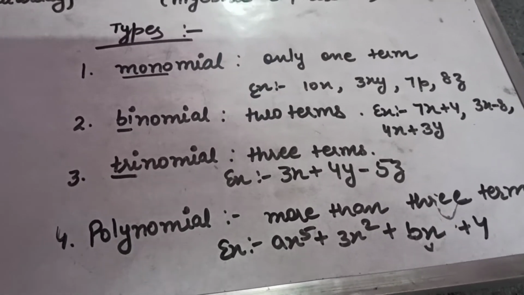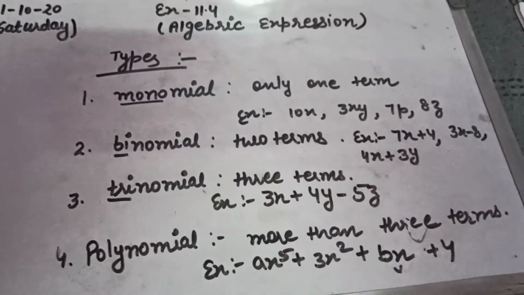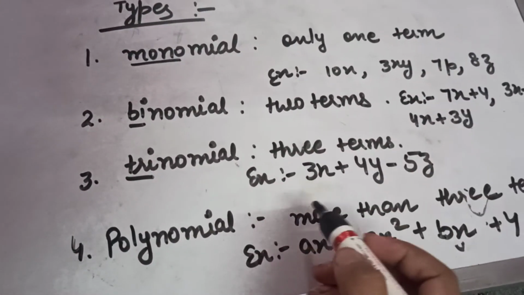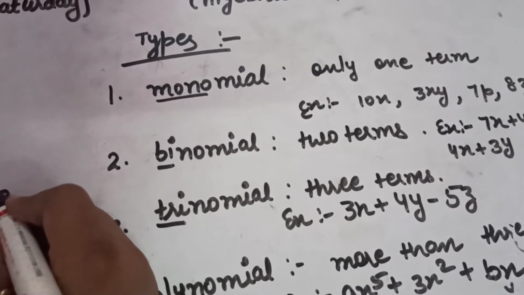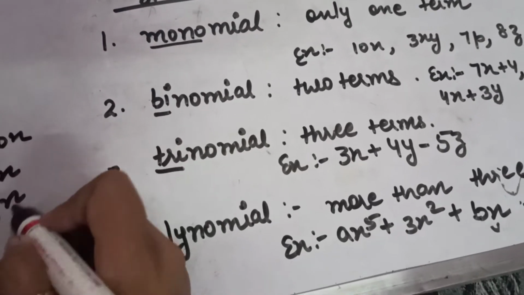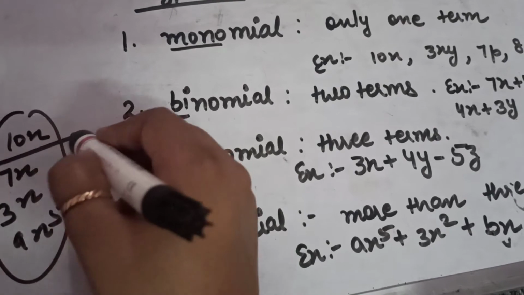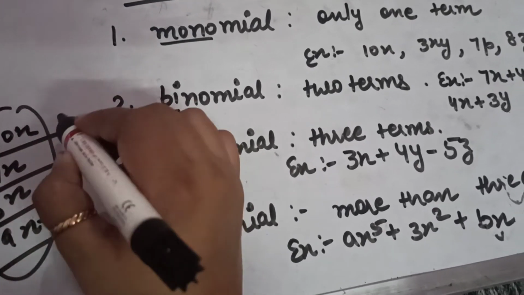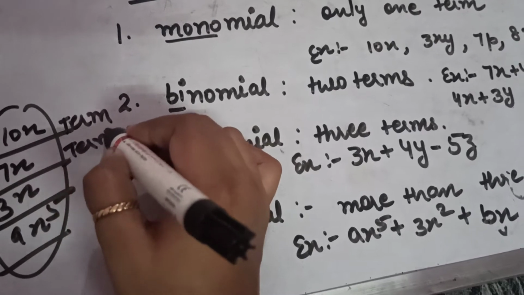Now, after the types of polynomial, one more word. Look beta, this single one, anyone you can take: 10x, 7x, 3x, ax to the power 5. What do we call this? These singles are known as a term.